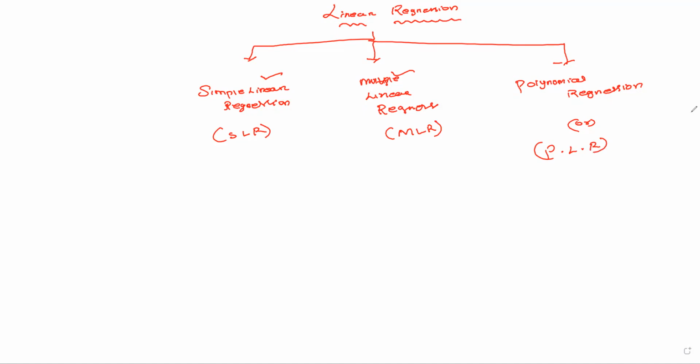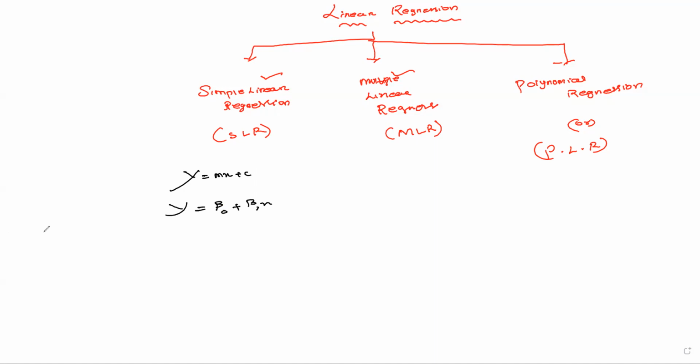Clear everyone? So whenever we come to simple linear regression, let y is equal to mx plus c, or else you can say y is equal to beta 0 plus beta 1 x.